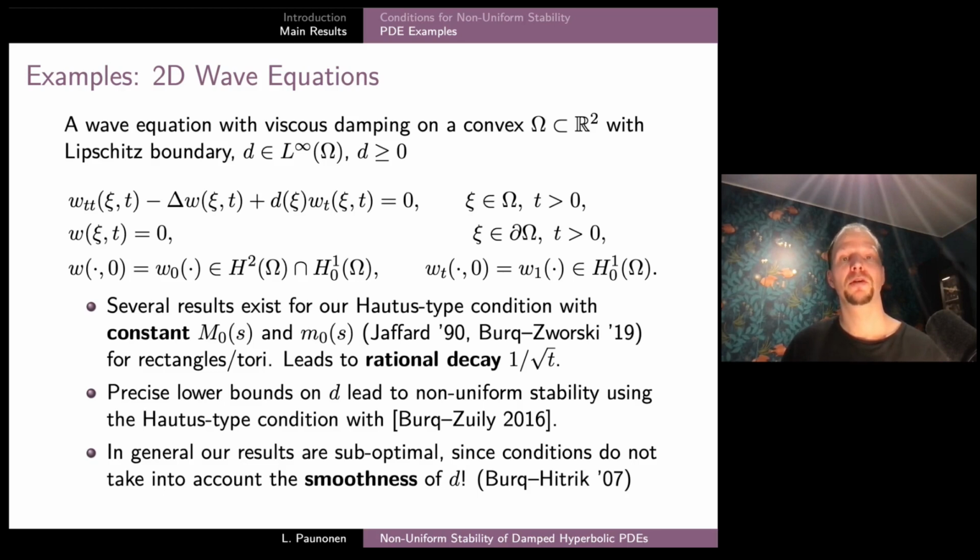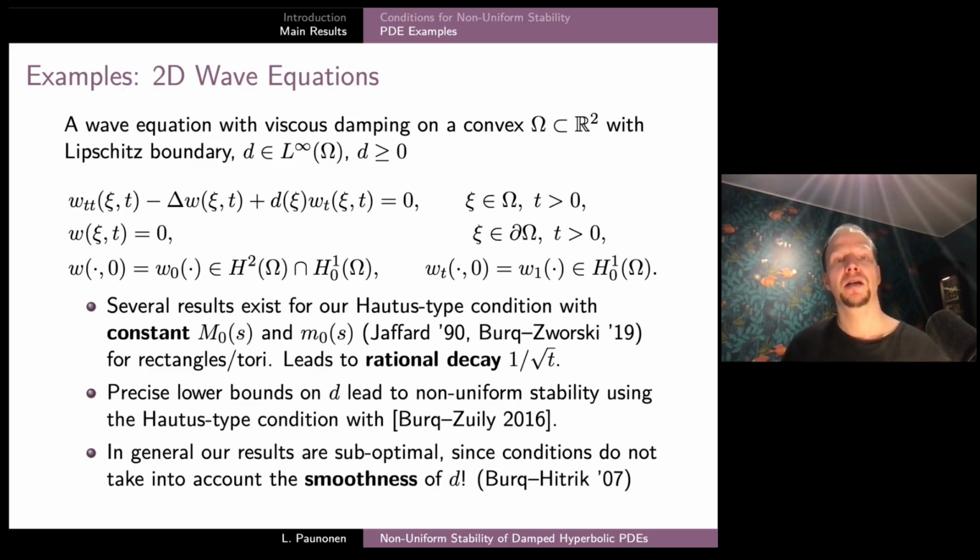And the two-dimensional wave equations are also a good test case to consider the optimality of our general results. And fairly recently in the literature, it's been observed that certain types of additional smoothness conditions on the damping function d can radically improve the stability properties and decay rate of the equation.